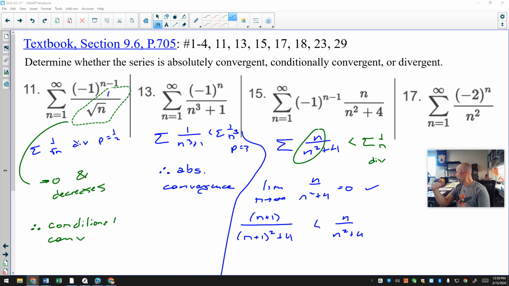If only one was larger, then we would have a conclusive answer. So this one, we would actually need to go through a little bit of algebra. We're not going to have time to finish this. The answer is yes. I do know that it is going to be conditionally convergent. I would need to do a little bit more algebra, which would involve expanding the denominator here, multiplying by the common denominators and comparing sides. And it does work out. But for the sake of time, we're not going to be able to finish that in class.